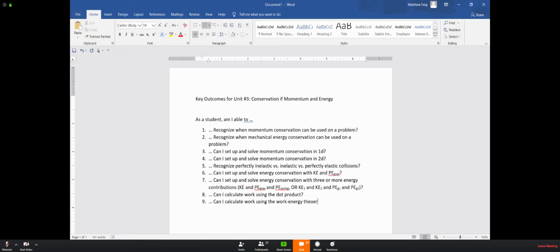I said one and I lied because I just wrote two. Okay. What's the work energy theorem? Work by non-conservative forces equals the change in KE plus the change in PE. That would be one good way to calculate the work. Another good way to calculate the work is use that dot product formula if that seems to fit the problem.